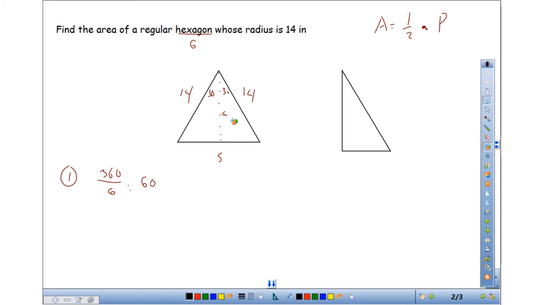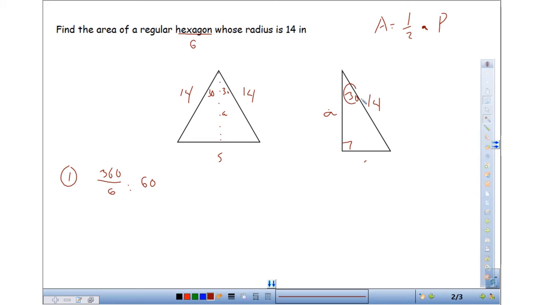So just looking at this side of the right triangle, we know I have a 30-degree angle, I have 14 as my hypotenuse, I have this 90-degree angle, and I'm actually needing to find both of these parts. So really, for me, it's just finding one of them. It doesn't matter which one. Personally, I'm just going to go ahead and find A. Maybe that's what you want to do every time. That'll be fine.